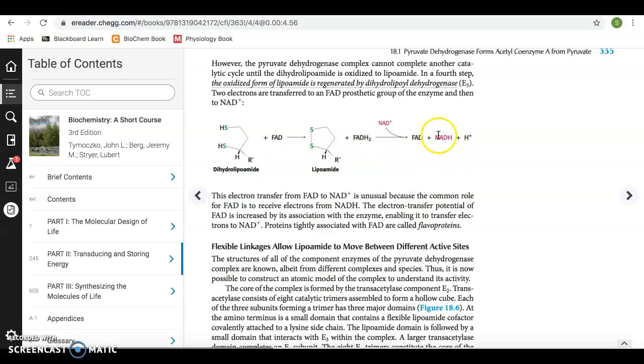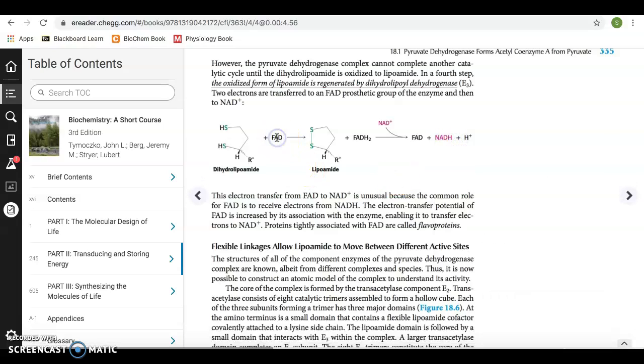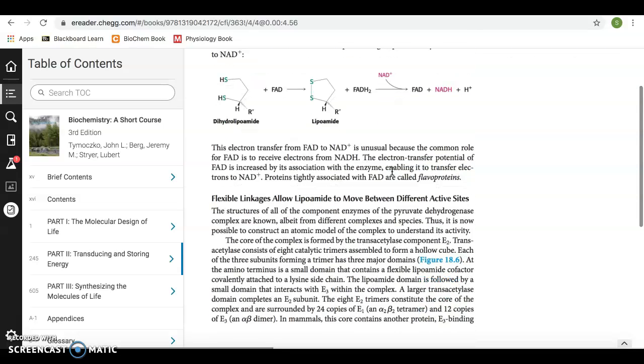So notice we're forming an NADH from this step, but this FAD is conserved after it gives its hydrogens to NAD+. So, from that reaction, we gained 2 NADH. So now we're up to 2 ATP and 2 NADH from the glycolysis part alone.